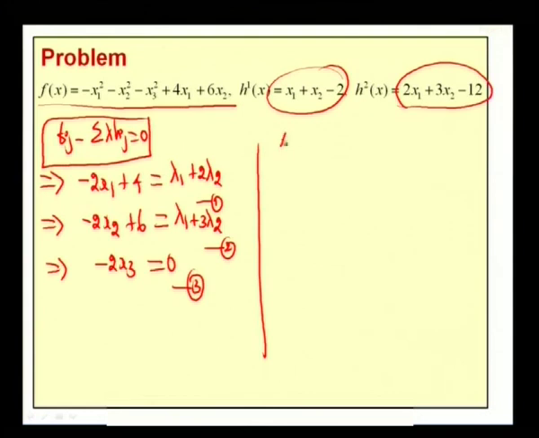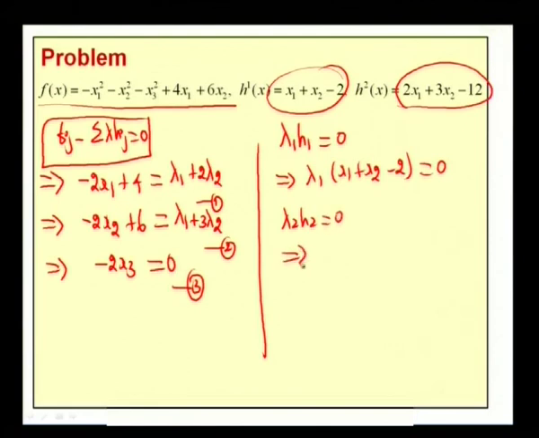Now, the second Kuhn-Tucker condition, lambda 1 h1 equal to 0, gives us lambda 1 into x1 plus x2 minus 2 equal to 0, and lambda 2 h2 equal to 0 gives us lambda 2 into 2x1 plus 3x2 minus 12 equal to 0. We name it equation 4 and this is equation 5.